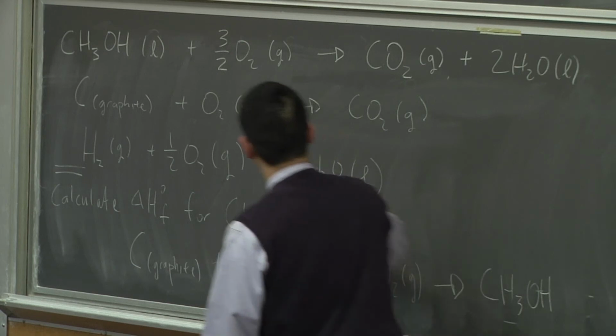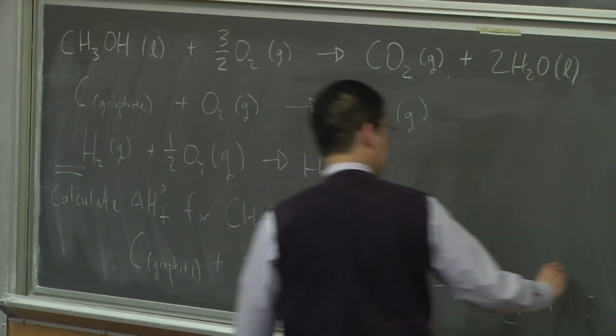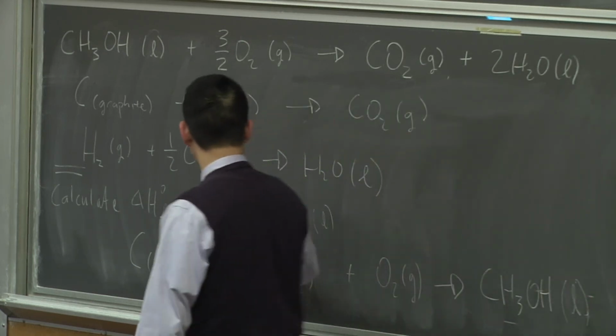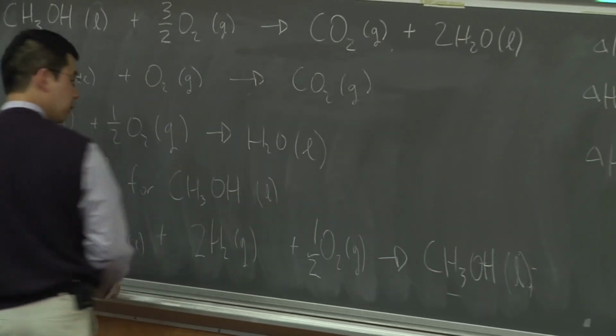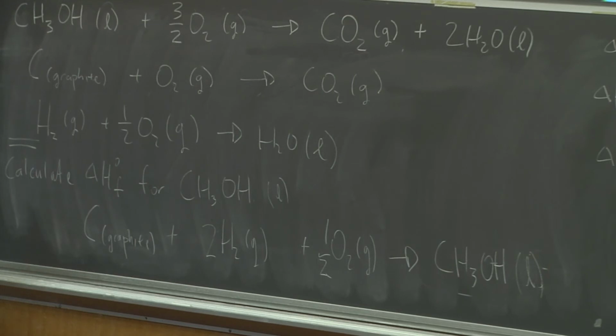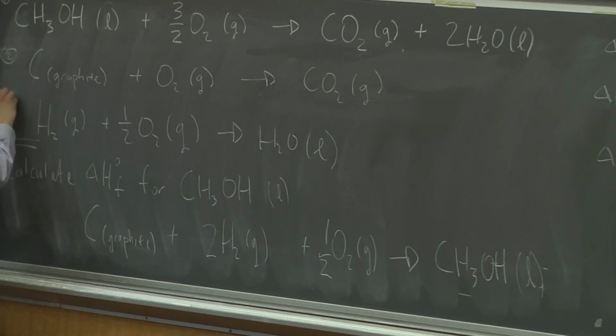In the CH3OH liquid, you need to balance it. So we're going to put in 2 H2s and 1/2 of an O2. And so let's call this reaction 1, let's call this reaction 2, let's call this reaction 3.